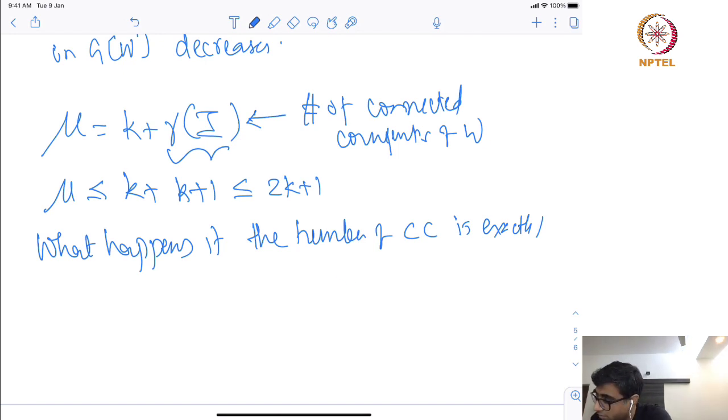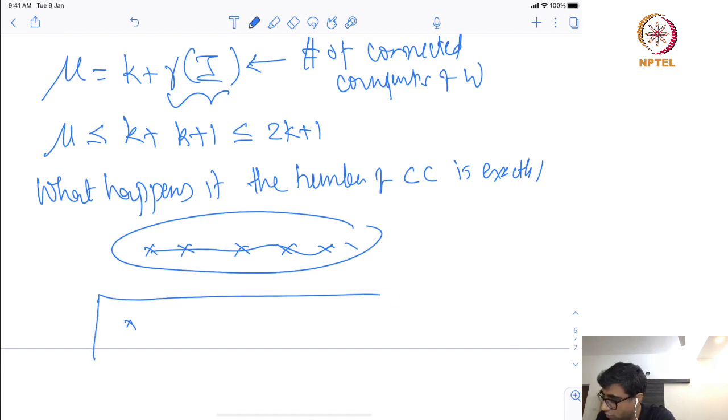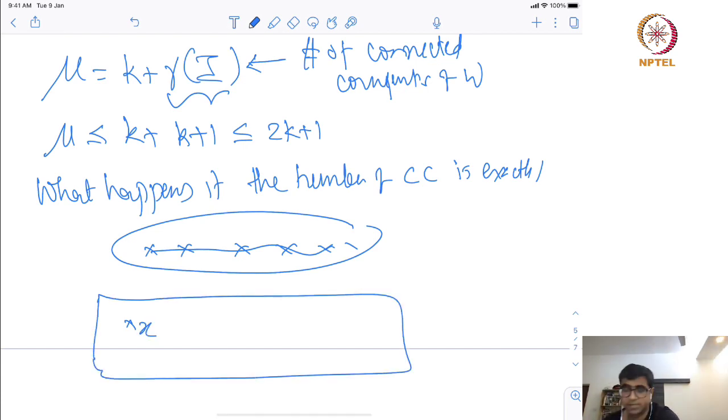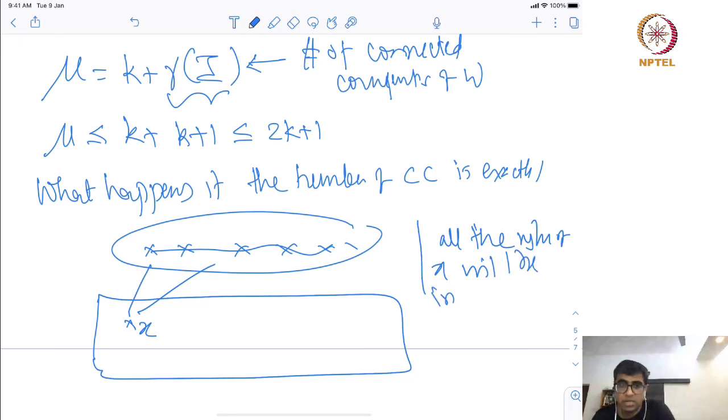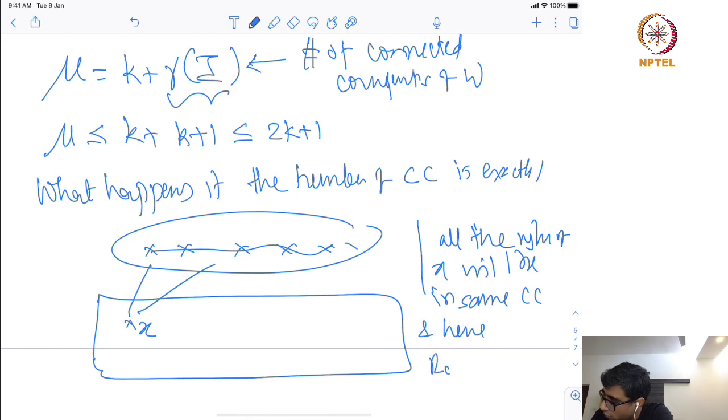Then if you notice, what happens is that this is just one connected component, and look at a vertex which is still there. Because you cannot apply a reduction rule, you will still find a vertex x who will have at least 2 neighbors, but now these neighbors are in the same connected component, and hence rule 2 will always apply, right.